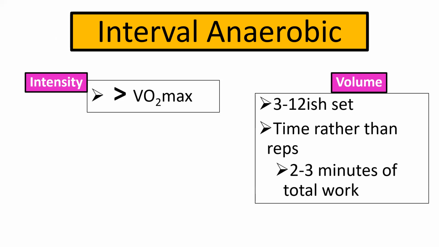For most anaerobic interval training, our total volume of work in the on phase or the go phase, not the recovery phase, the go phase, is going to be somewhere between 2 to 3 minutes of total work. So that means somewhere between 120 seconds and 180 seconds of total work within an anaerobic interval training session.